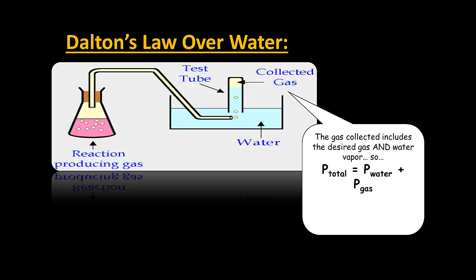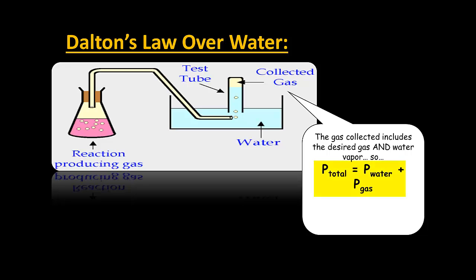Now we also have the over water test. It also deals with partial pressures. That's when we use this in the lab when we are creating a reaction that produces gas and we want to find out how much gas we have produced. We will put a tube in there to collect the gas, and then we put it underwater. And when we do that, it bubbles up into another tube, and we collect the gas there.